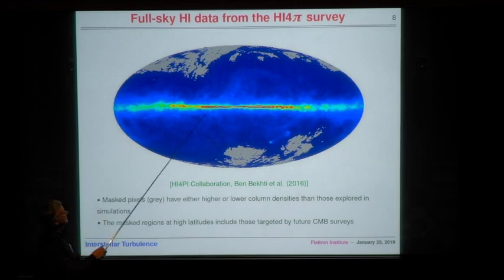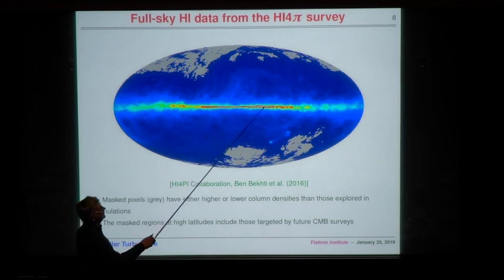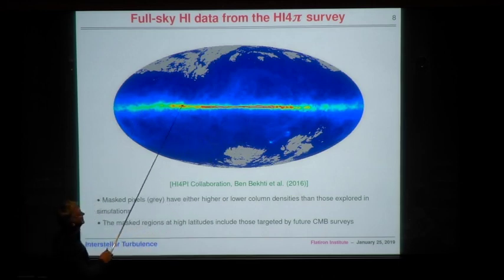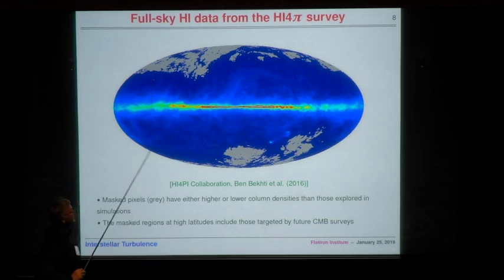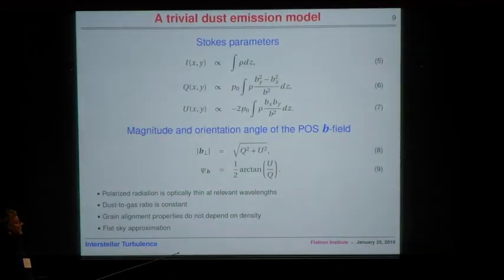All these other areas along the Milky Way plane are also outside. But we still cover large high latitude areas here and there, for example. Okay, so then we put in a trivial dust emission model.